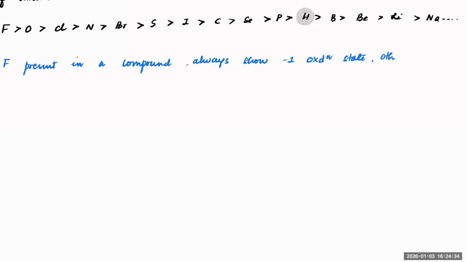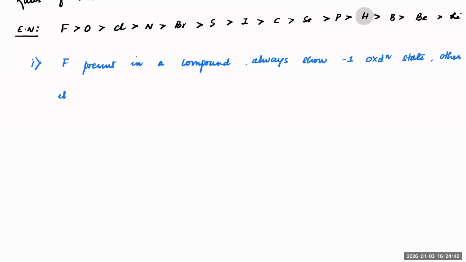Therefore, fluorine present in a compound always shows -1 oxidation state, other than when it is combined with itself.